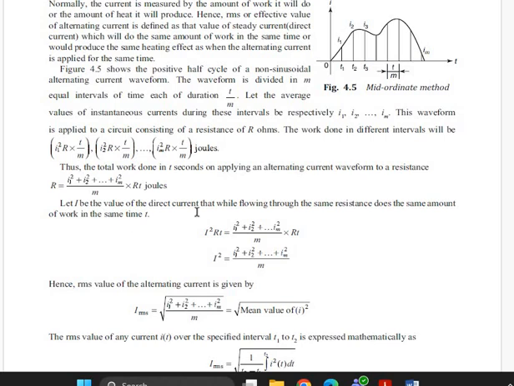Let I be the value of the direct current that, while flowing through the same resistance, does the same amount of work in the same time T. So I squared RT is equal to I1 squared plus I2 squared plus etc. Im squared divided by m into RT. So that I squared is equal to I1 squared plus I2 squared plus etc. Im squared divided by m.